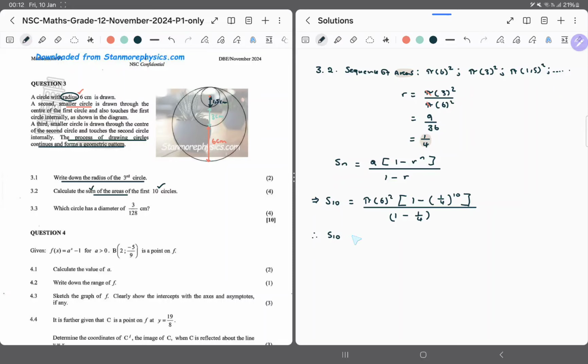Therefore, S10 is going to be, now let's just punch it onto our calculator, shift pi into 6 squared, all that into 1 minus a quarter to the exponent 10. Then we close that, come down, bracket, 1 minus a quarter.